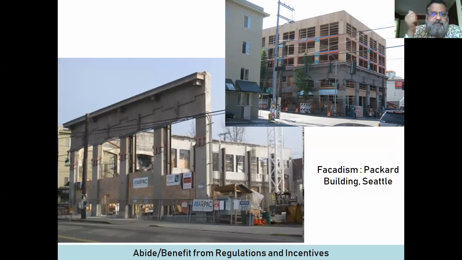Developers, of course, want to be mindful of their bottom line. So much of the historic buildings or the historic fabric gets gutted and ends up in landfill.